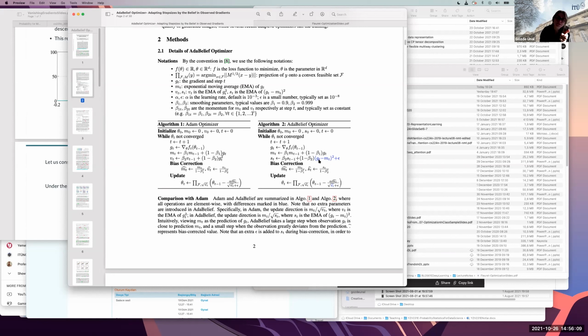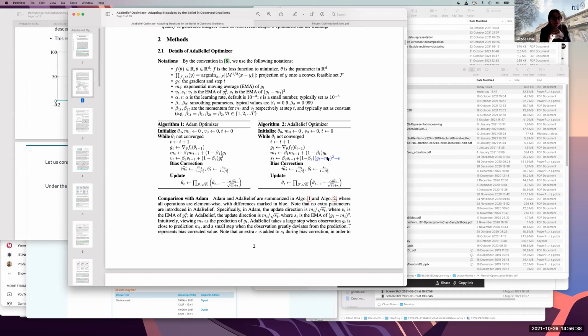That is subtracted from the current gradient, and squared. Collect this, and do your bias correction again. Now you are updating the parameters by dividing by this variance-like term, or standard deviation. This time it's really a standard deviation. This was their idea, the highlight of this paper.